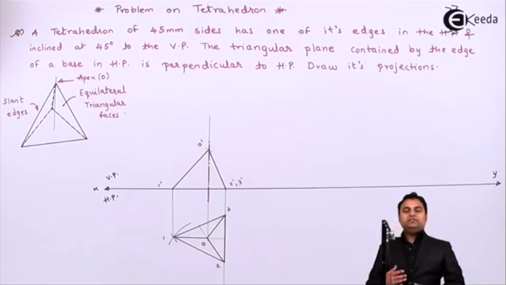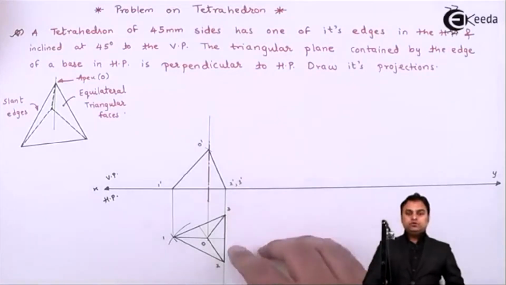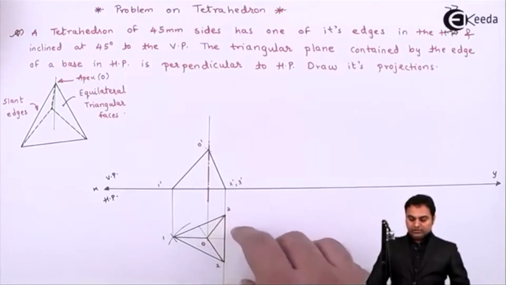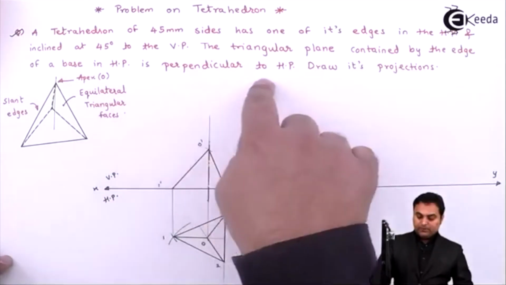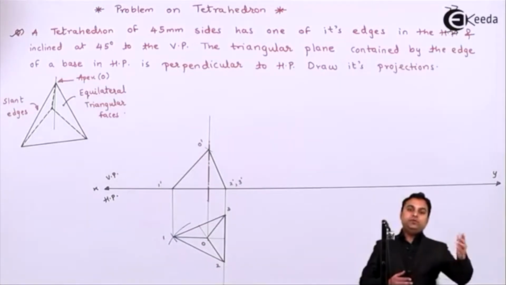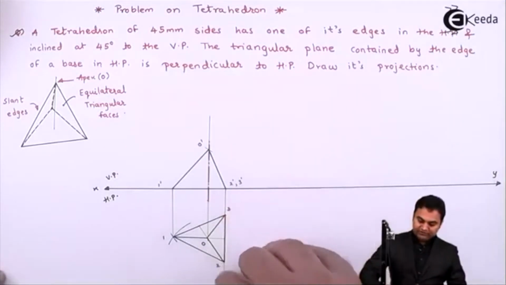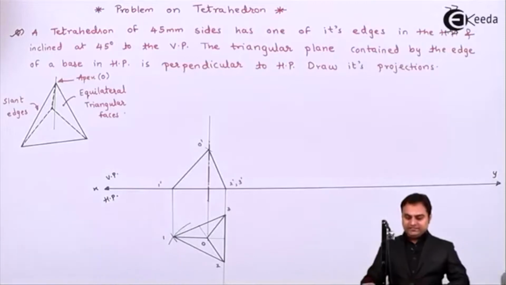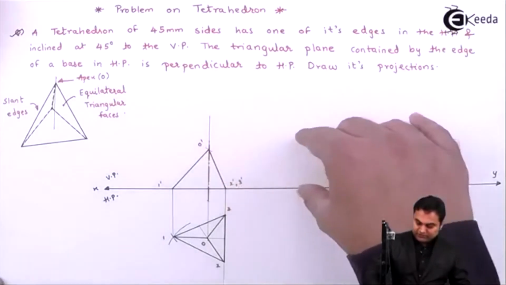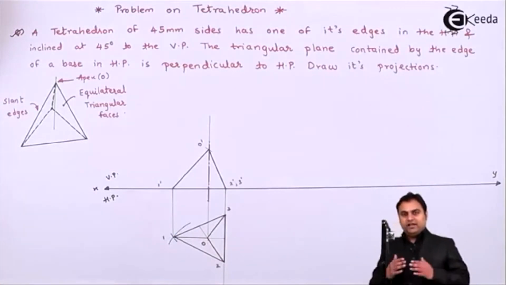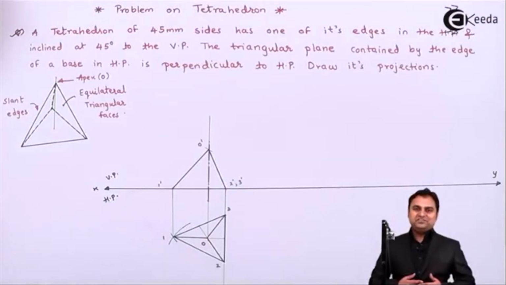Since it is resting on edge 2 to 3 and it contains the triangular face O to 3, that triangular face is perpendicular to HP. Perpendicular to HP means it will be visible in VP. This triangular face, when projected in the front view, is O dash, 2 dash, 3 dash. So in the next condition, I'll have to make this triangular face perpendicular to HP and it will be visible in VP. That will be the second condition, and the inclination of 45 degree will be the last condition.